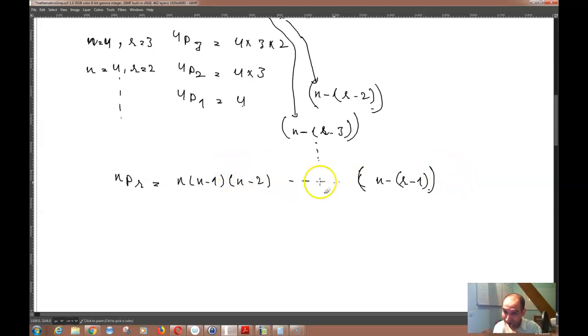Now this expression has been written the other way around, meaning that normally when you have n factorial, you start from 1 and go to 2, 3, 4, and all the way up to n, right? And so over here, for example, you have n, and then times n minus 1, times n minus 2, and so on and so forth, right?